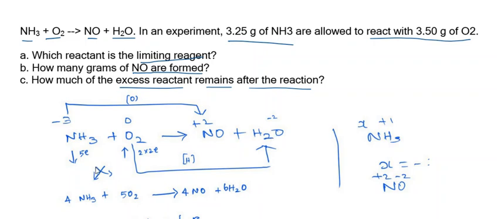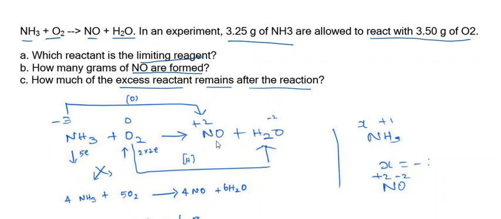So let us adopt the oxidation number method to arrive at the balancing of this redox reaction. Before that, we should be able to determine the oxidation number of the element that undergoes change in the oxidation number during the redox reaction. So we need to identify that first.